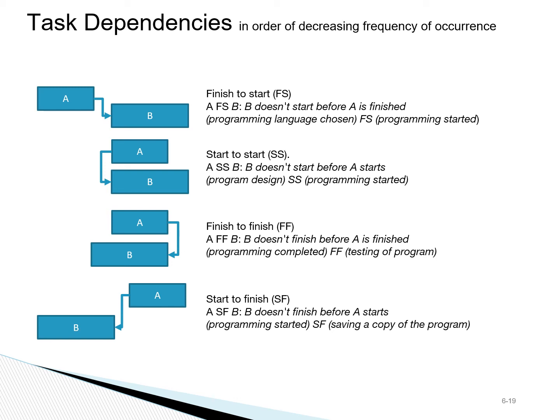The last type of dependency, and the rarest form, is start to finish, where task A can't start until task B is finished. For example, saving a copy of the program cannot start until programming has started and some code is in place.